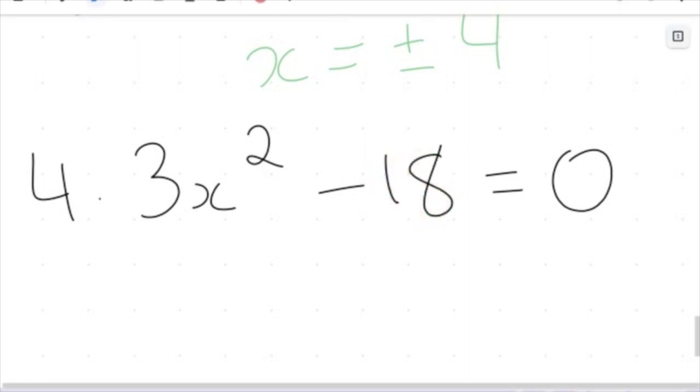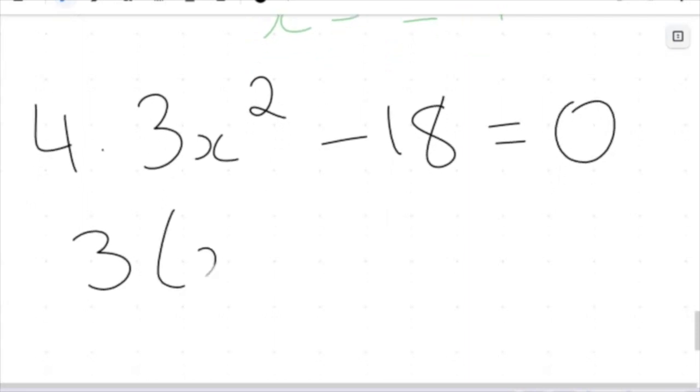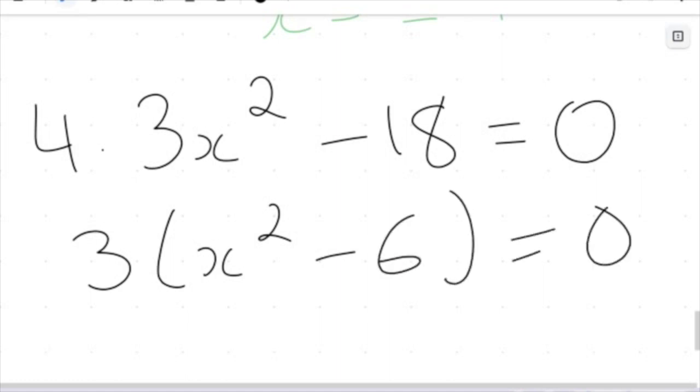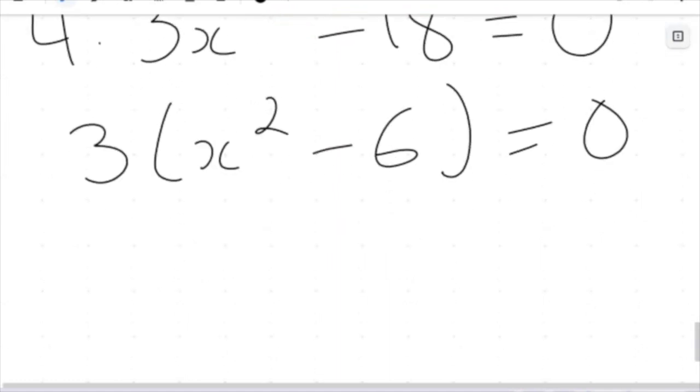So if I wanted to, I can factorize out my 3 here. Now that may not help us, but just for ease's sake, I'm going to take this 3 out, and I'm left with x squared minus 6 equals 0. Okay. So this doesn't really help us out too much.